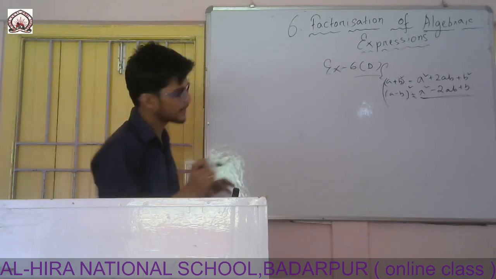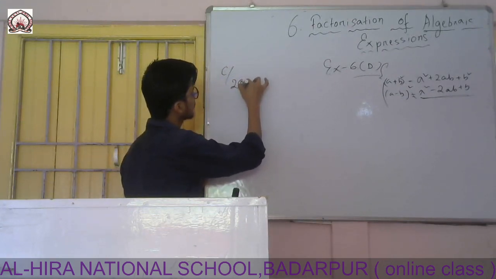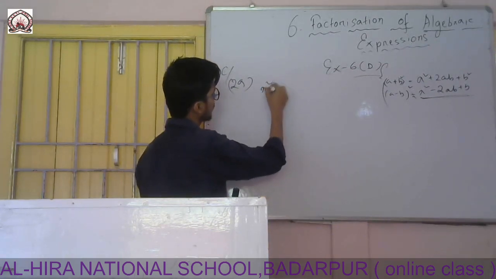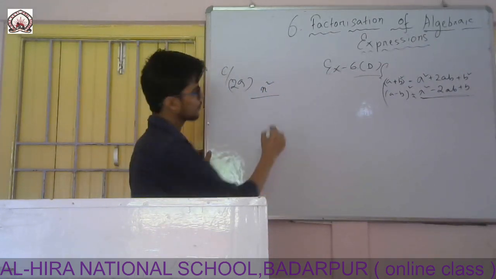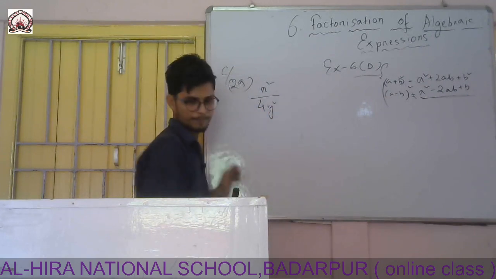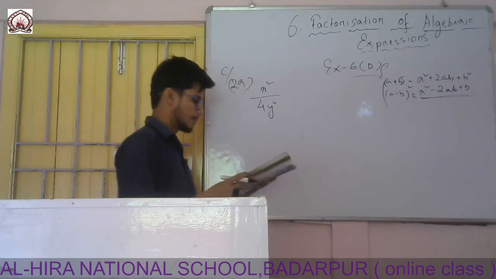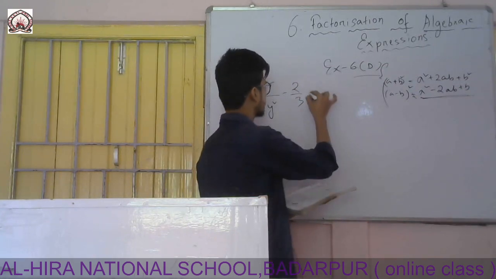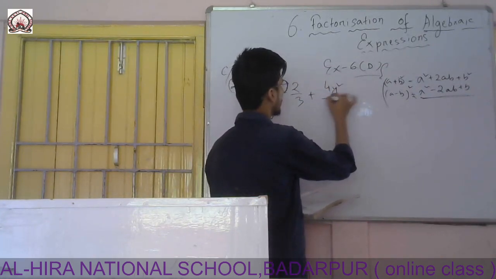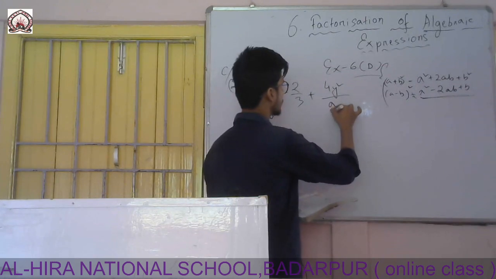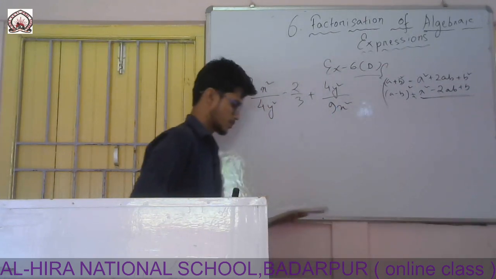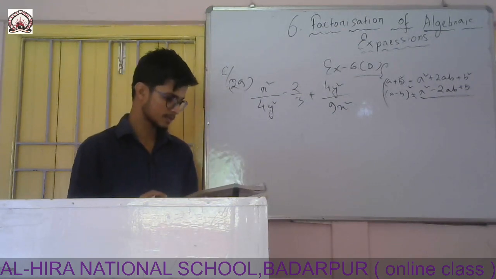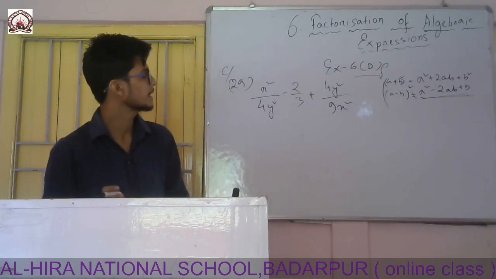All are the same here. The question is x square by 4y square minus 2 by 3 plus 4y square by 9x square.